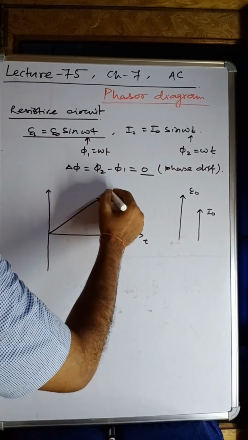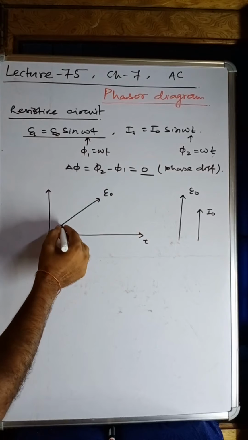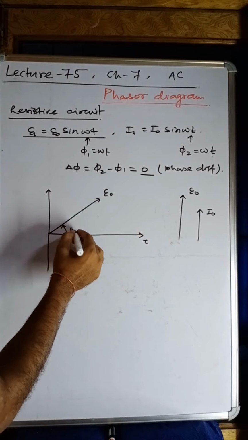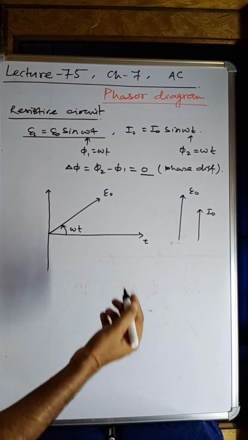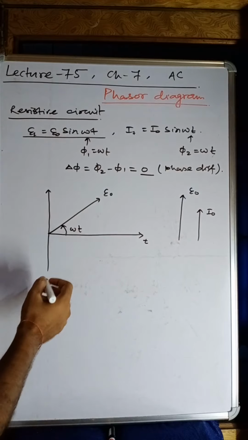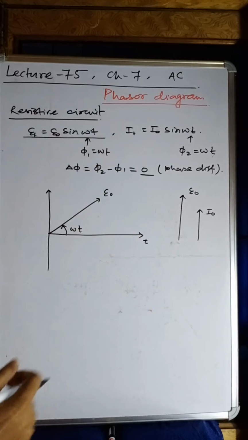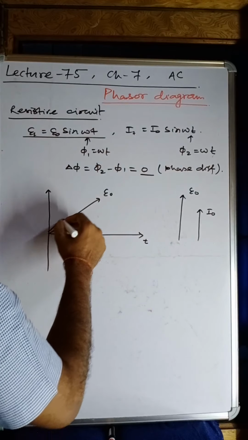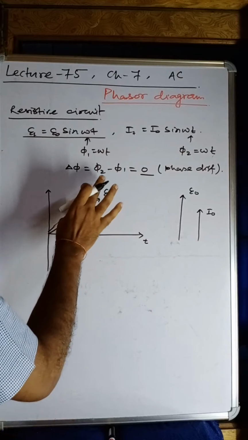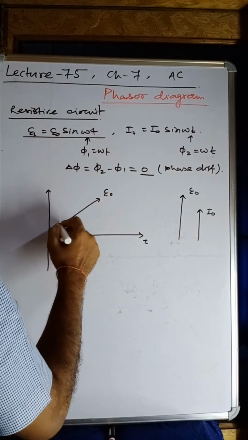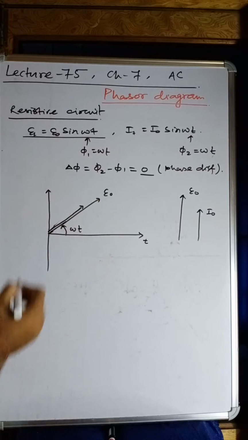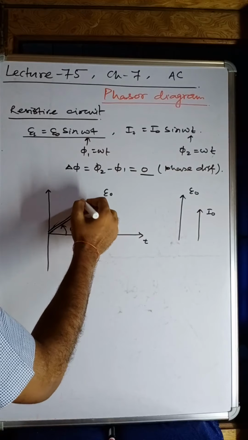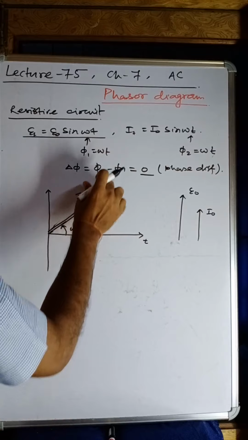If this is E naught, how much should it rotate? It should rotate omega t. And if we take current, how much will that rotate? It will rotate the same value. I'm trying to represent it here. This is the same, and this is I naught.